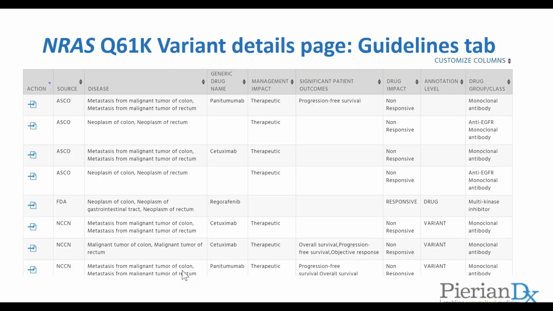So a good example here is an inhibitor of mTOR could be annotated for mutations in PIK3CA because PIK3CA is in that same pathway, and an activating mutation in that gene might be a tumor with that mutation might be responsive to an inhibitor of mTOR, even though that drug does not act directly on the gene that is mutated.